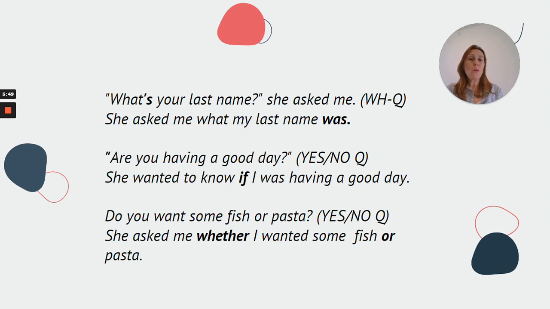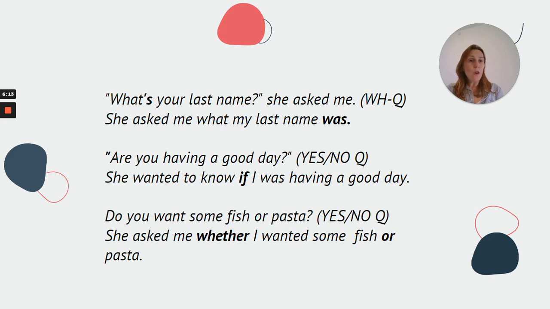Then we have already learned that there are yes-no questions, questions that can be answered by means of yes or no. So, "Are you having a good day?" She wanted to know if I was having a good day. So, we have already seen that we can use "if" to report a yes-no question.